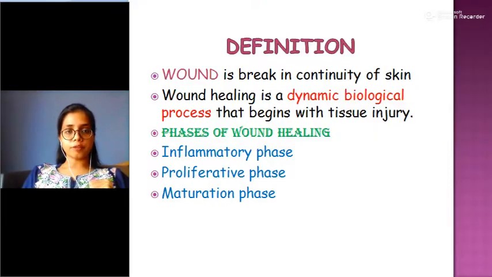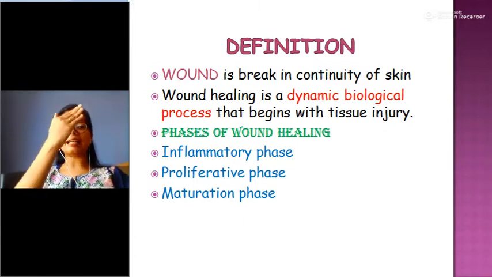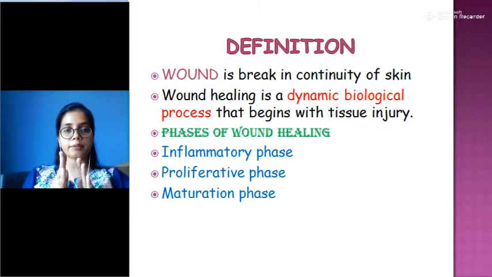By definition, a wound is a break in the continuity of skin. It can be any type of wound: a direct injury, pressure sores, ulcers. Ulcers can again be of arterial type, venous type, infected ulcers, non-infected ulcers, infected pressure sores, non-infected pressure sores, or a direct injury. All types of wound are included here.